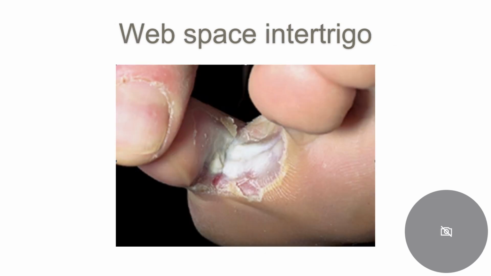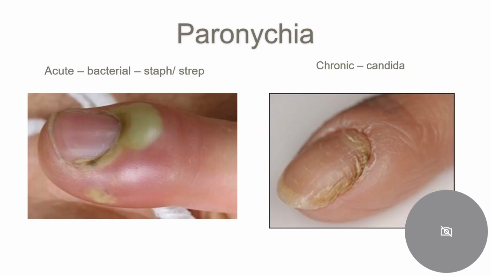Here we can see web space intertrigo with candida, which is difficult to differentiate from tinea pedis, but as you can see, it's a warm, dark, and hot climate, perfect breeding ground for a candida infection. Paronychia is an infection of the nail bed.